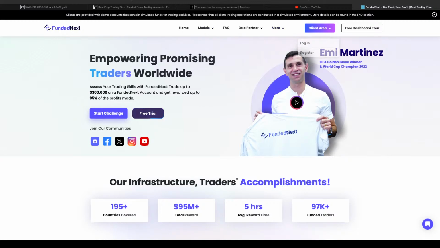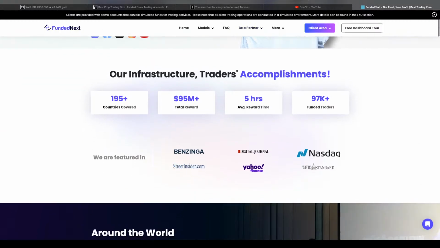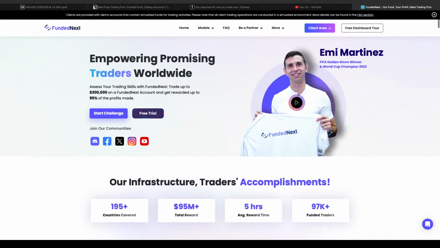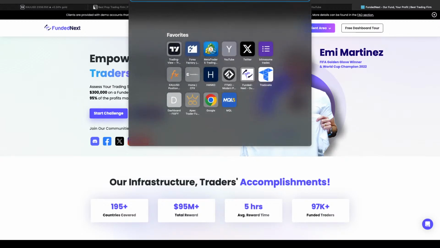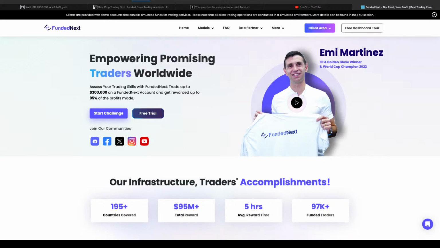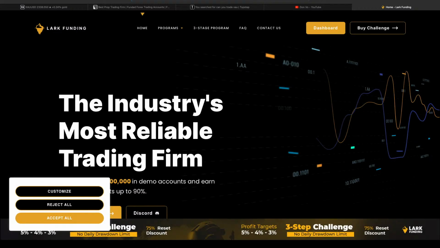But I believe they added C Trader to it, so I'm wondering if you could trade futures on here. That's the one I'm using right now, Funded Next. But there is another one called Lark Funding. This was the one I got recommended also by one of my buddies, Javier, market mechanic.